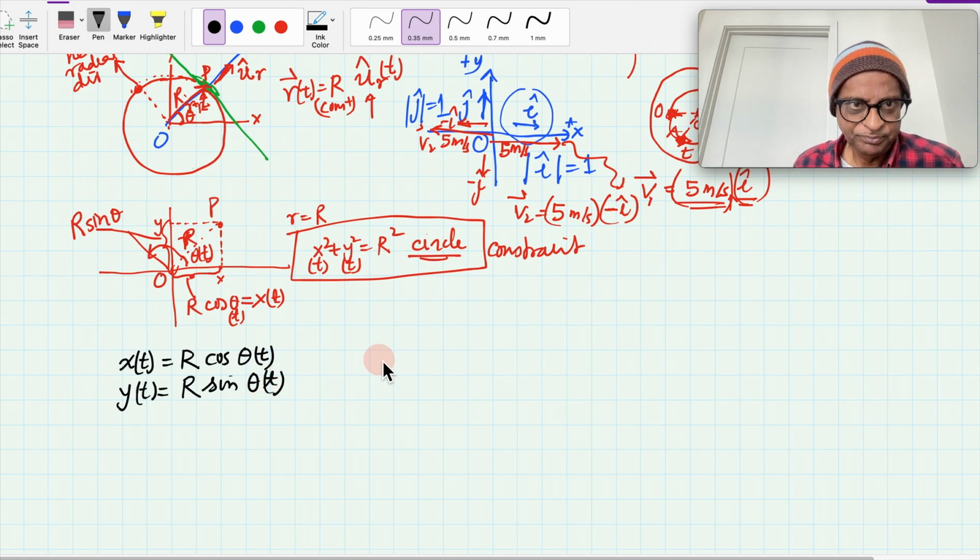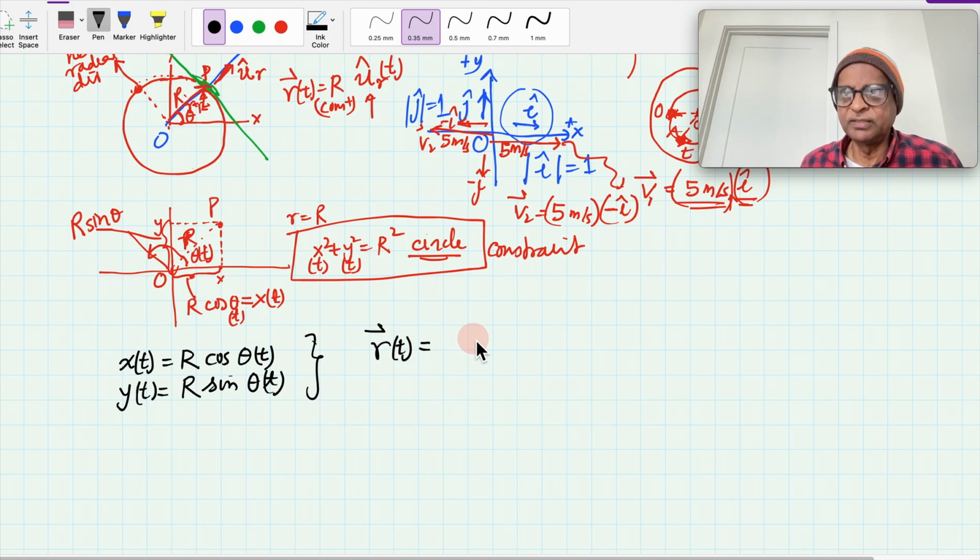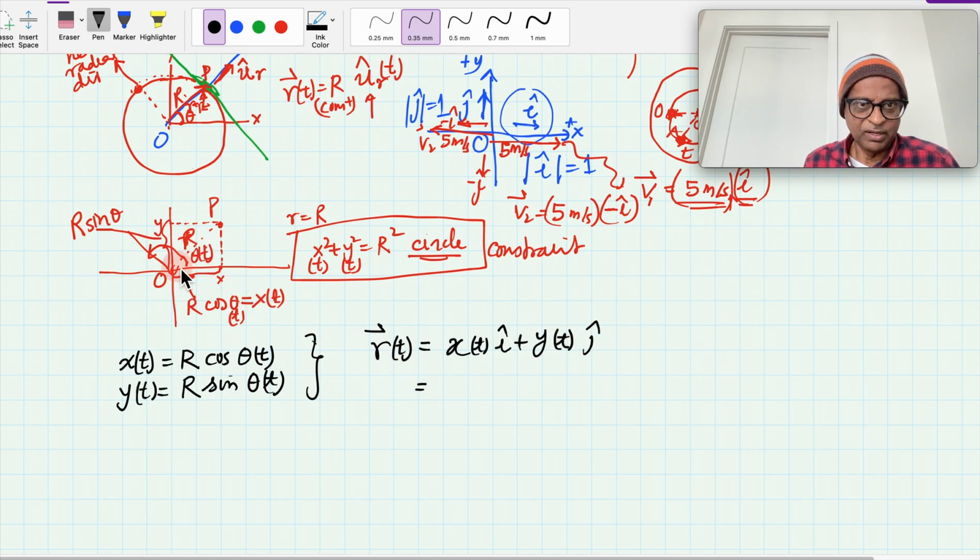You can see that this vector at time t can be written in two different ways. Like before, we had x(t) i hat plus y(t) j hat, or in the new way we have r u hat r, the radial vector.